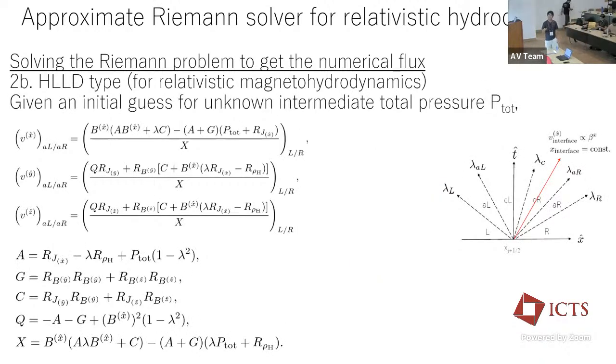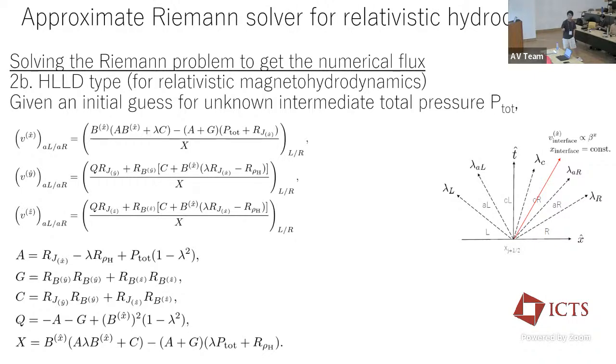So given the initial guess of the unknown intermediate total pressure, P total, which inside the Riemann fan is constant but unknown, we can derive the 3 velocities at the AL and AR state with this messy expression. But the point is, the right-hand side quantities are known except for the P total.